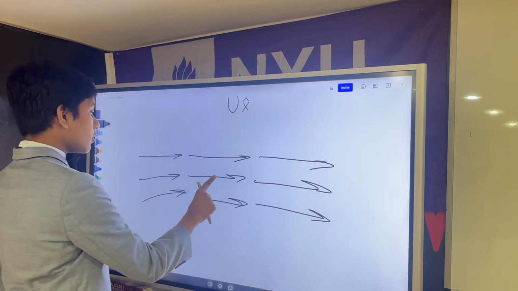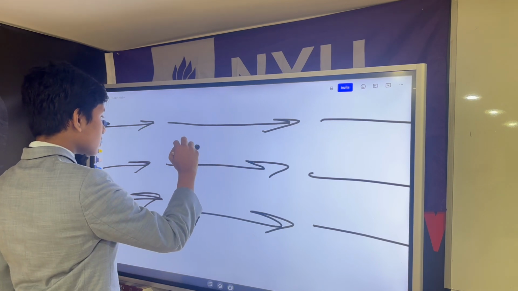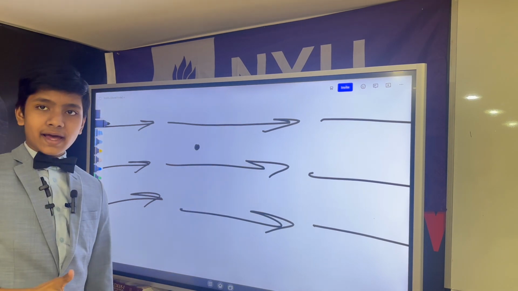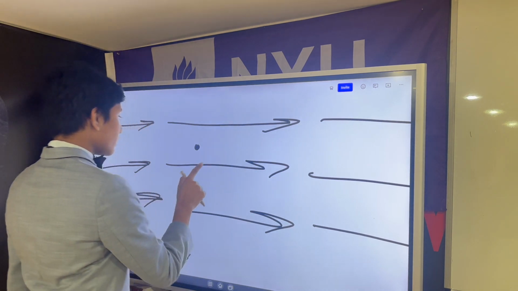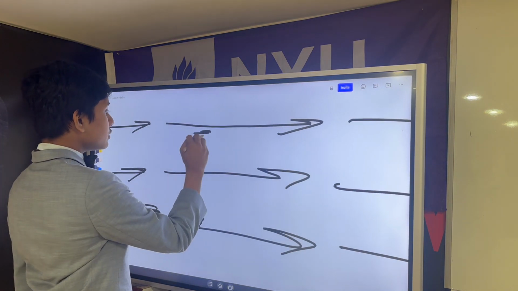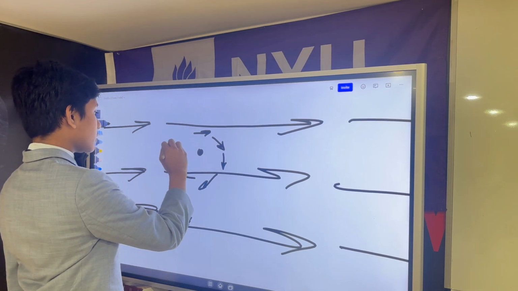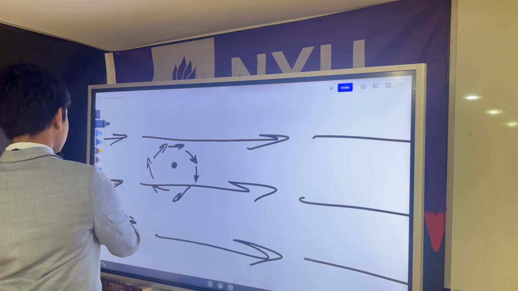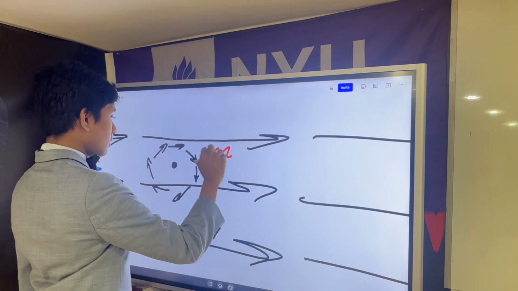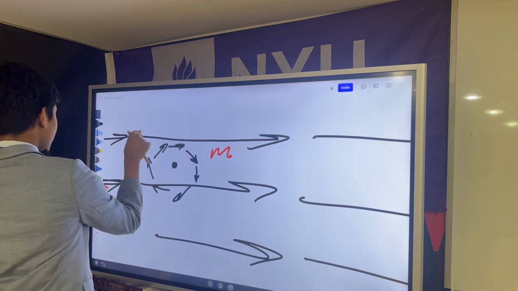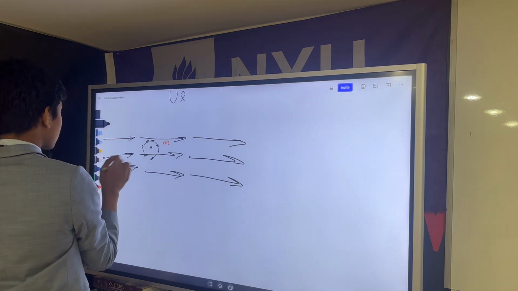Well, I'm going to add a point vortex. Now, this point vortex is going to induce a circular flow around it. Let's say it has a strength m. Then, what is the velocity field here going to look like?